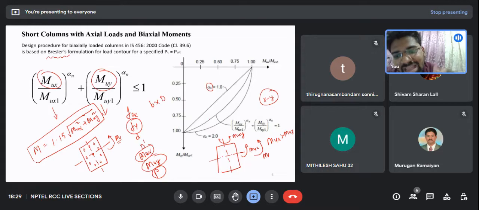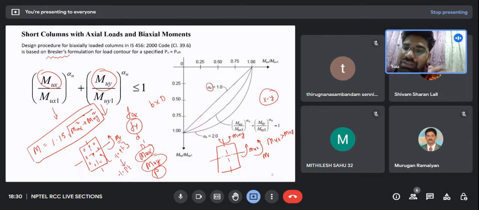Once I have done this, using the PM interaction curve I will get this percentage of steel, and I will distribute this steel in the form of some number of bars. This will be the value of percentage of steel which I get from the PM interaction curve, and there will be something which we call the percentage of steel provided.